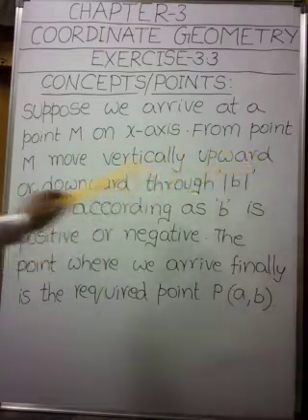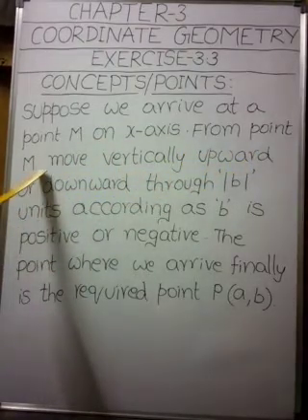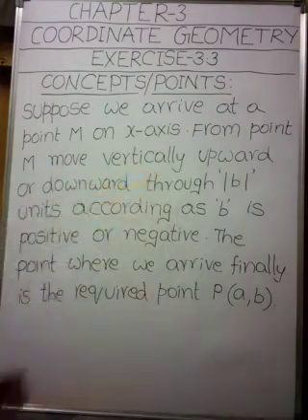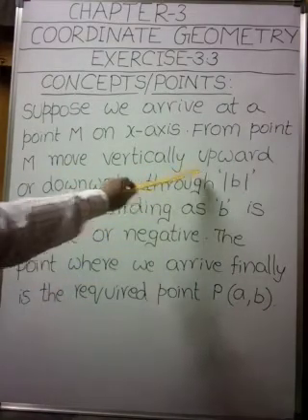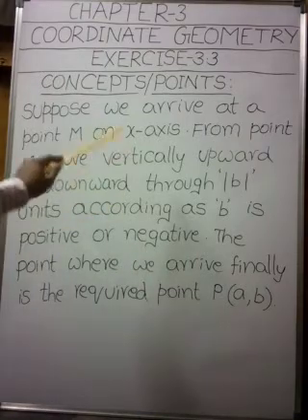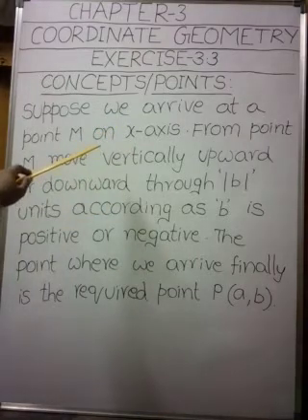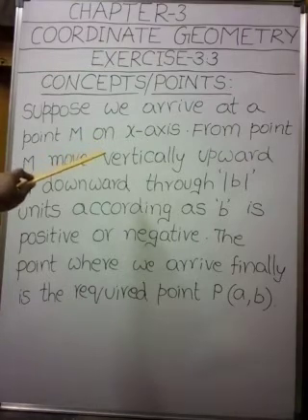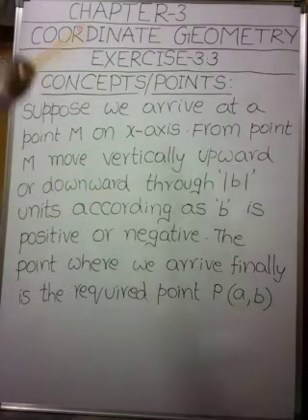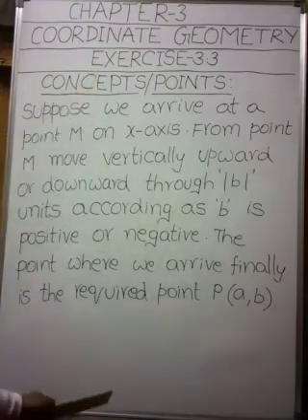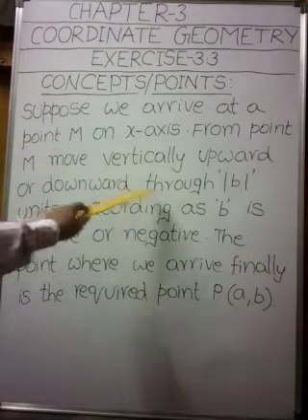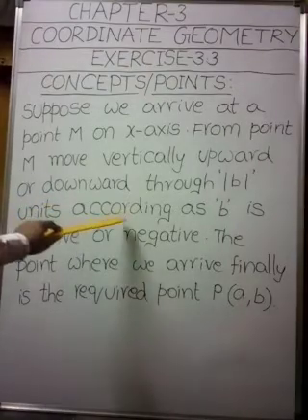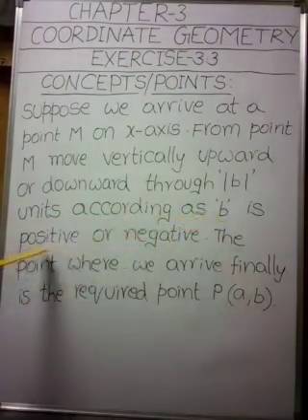From that point M, we have to move vertically, upward or downward. After reaching the point M, we have to change our direction either upwards or downwards through modulus of b units according as b is positive or negative.